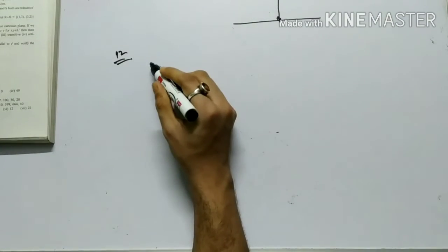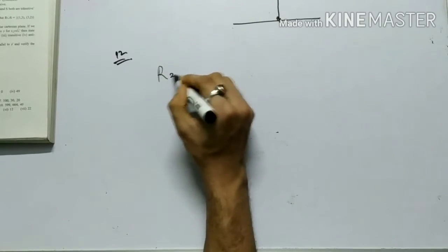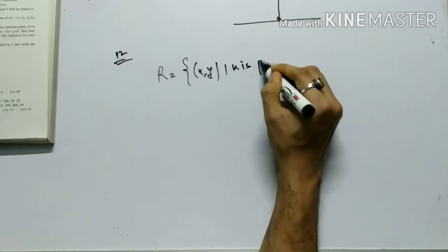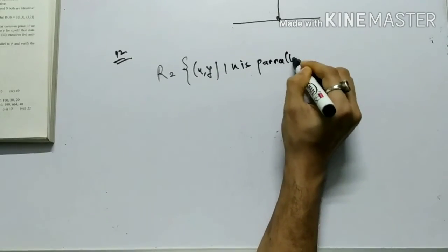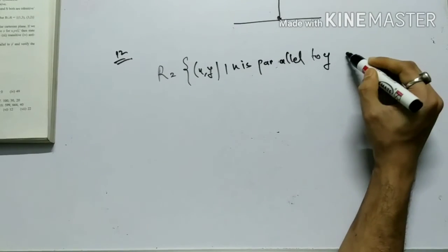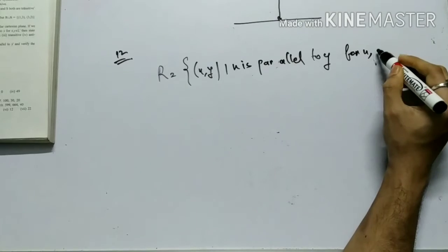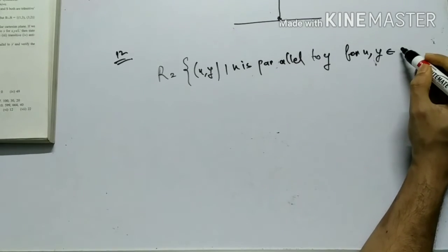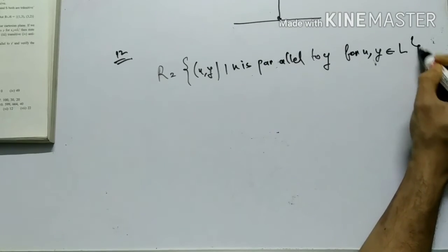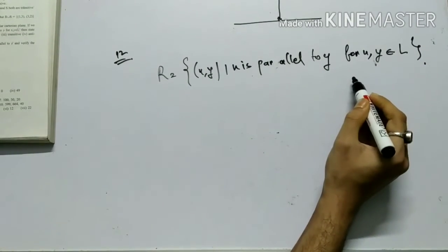Now you see R will be xy such that x is parallel to y, for xy belongs to L. Okay, x is parallel to y.